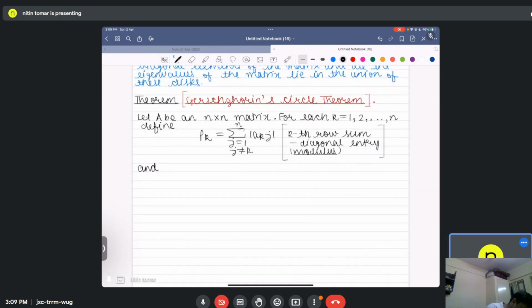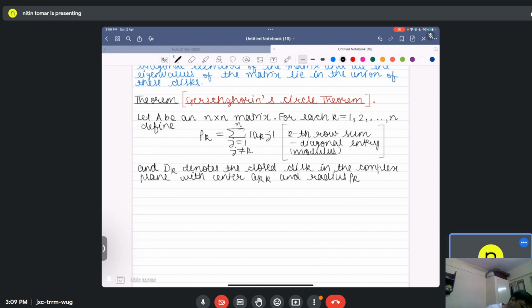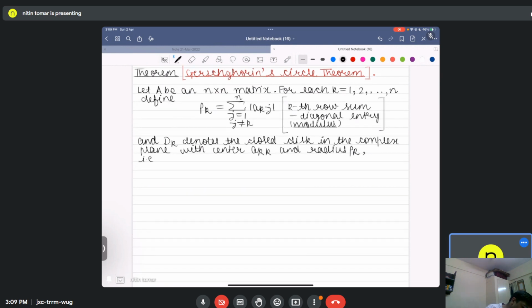And Dk denotes the closed disk in the complex plane with center akk and radius rho k, that is, the set of z in C such that |z minus akk| is at most rho k.